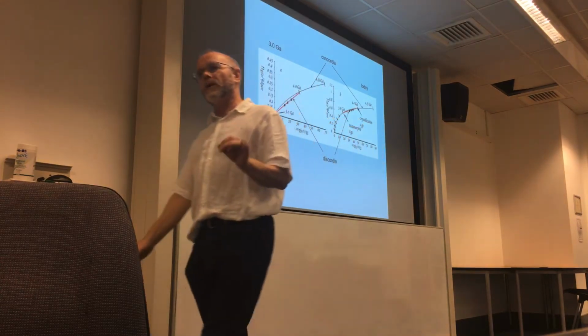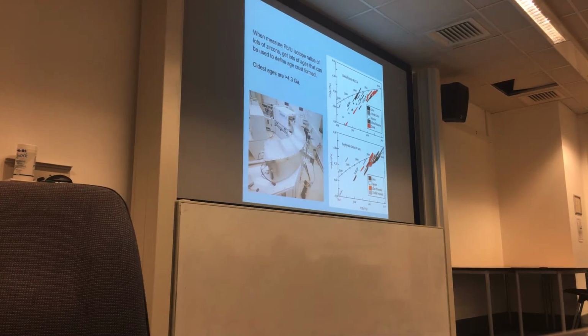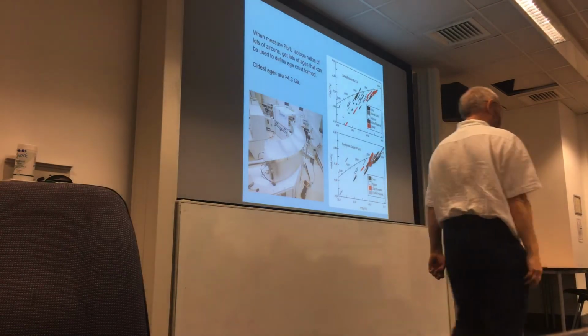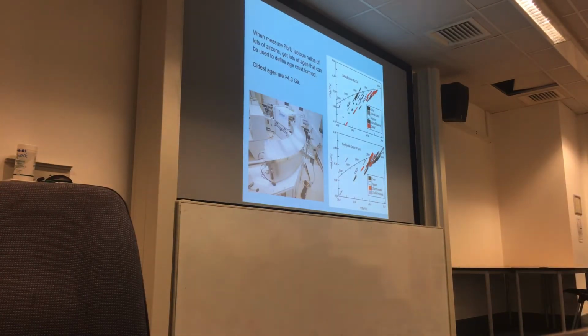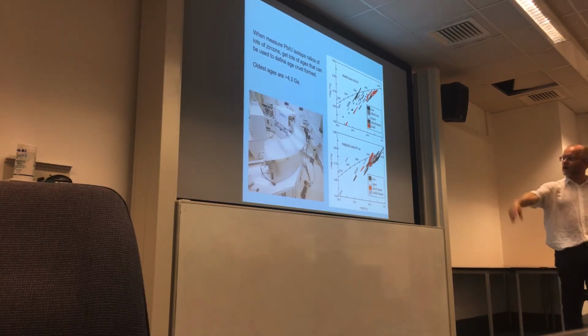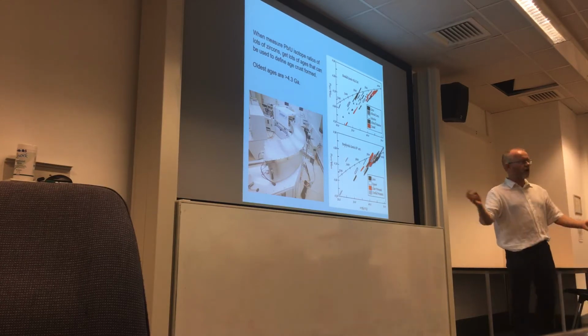So a huge amount of work has been done on dating zircons. And it's almost like an industrial scale process. People will go out to sedimentary basins, which are draining large areas of the continent, and they'll collect tons and tons of sedimentary rock and crush it up.